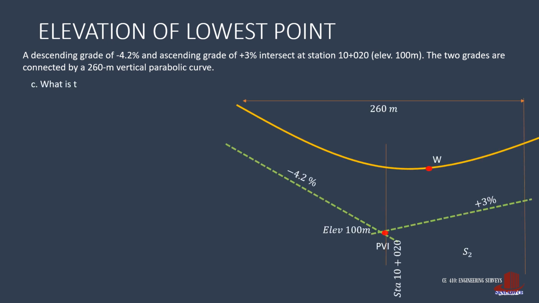The third requirement is the elevation of the lowest point of the curve. We have already identified from the first task that the location of the lowest point is 151 meters away from PVC. And since more details were given on PVI, take the gap between these 2 points and label that distance as x.